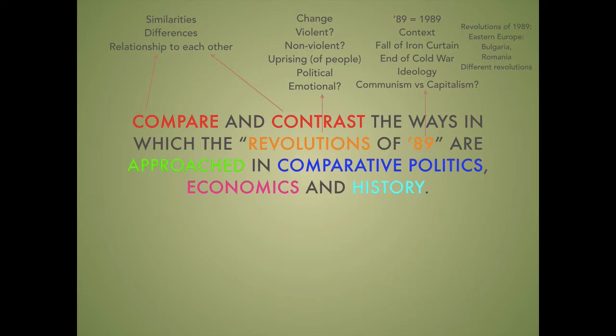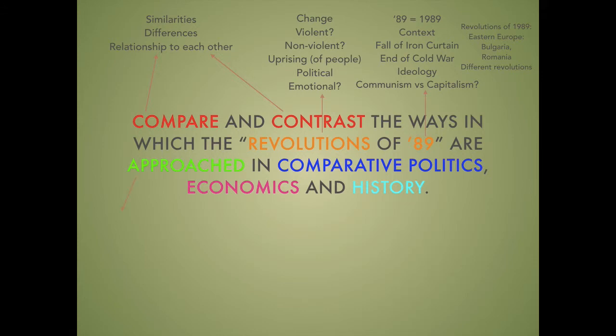They were different revolutions, and that's why there's some question marks next to violent and non-violent, because in the context of the time, in the context of study, or the different historians, political scientists, economists, they've got some different views, and we're going to be looking at this. But when we look at these words individually, and then the phrase revolutions of '89, we're going to be thinking about these things.